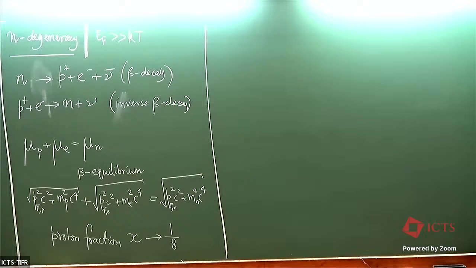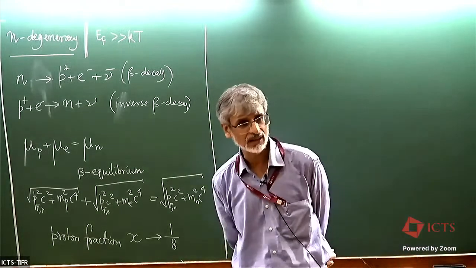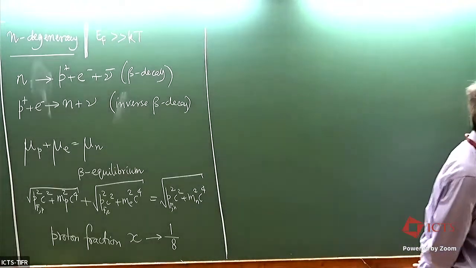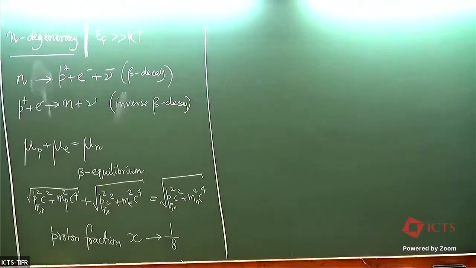The equation of state of this material is actually fairly well known up to a density which is roughly equal to the nuclear saturation density, which is the density that is obtained inside an atomic nucleus, which is pretty high anyway.